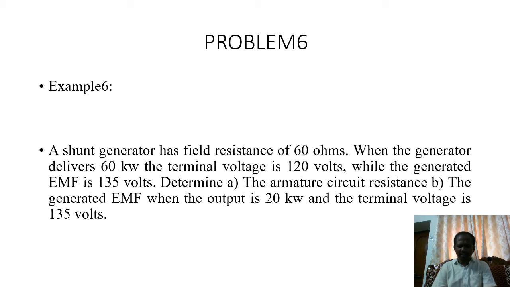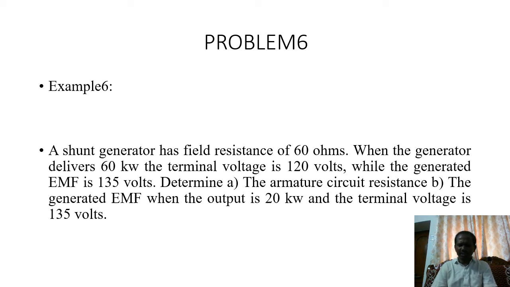What is the shunt field current? 2 amperes. The load current is 60,000 by 120, which is 500 amps. So IL is 500 amperes and the shunt field current is 2 amperes.